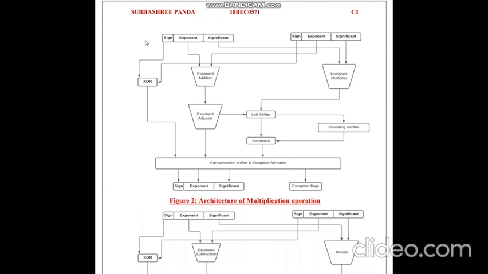Second, the operands' exponents are added and the result is subtracted with the excess exponent offset. Third, the output sign is computed using the XNOR operation of the sign bits of the 2 input operands. Fourth, the result of the multiplication is then normalized and the mantissa and the exponent of the result are adjusted.